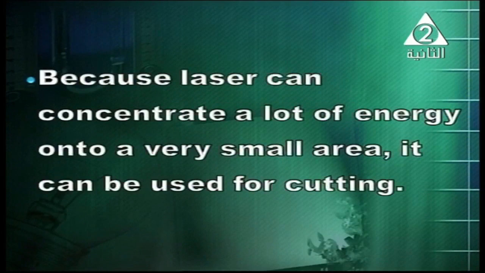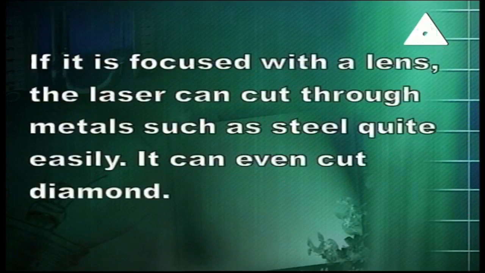Because laser can concentrate a lot of energy onto a very small area, it can be used for cutting. If it is focused with a lens, the laser can cut through metals, such as steel, quite easily.